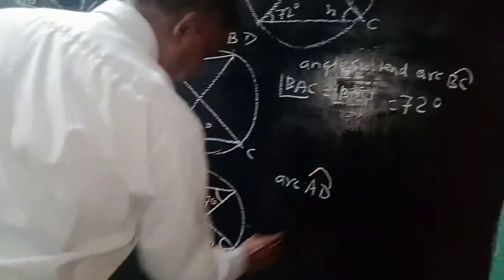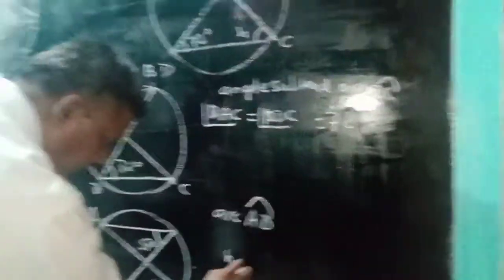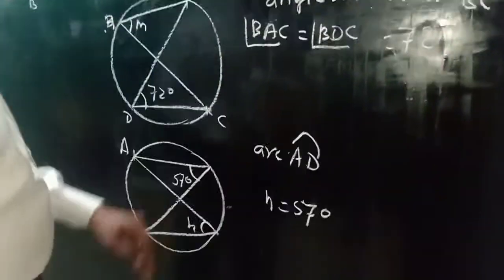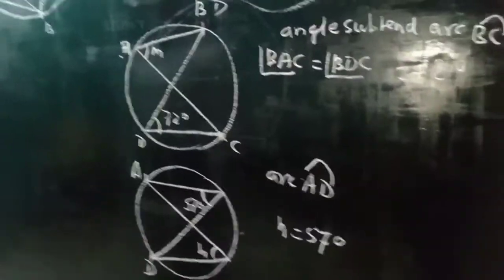So therefore these angles are equal. It means n is equal to 57 degrees. So the answer of this question is 57 degrees.